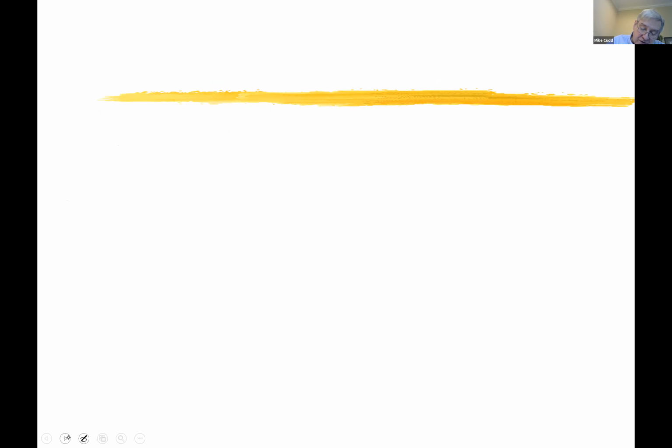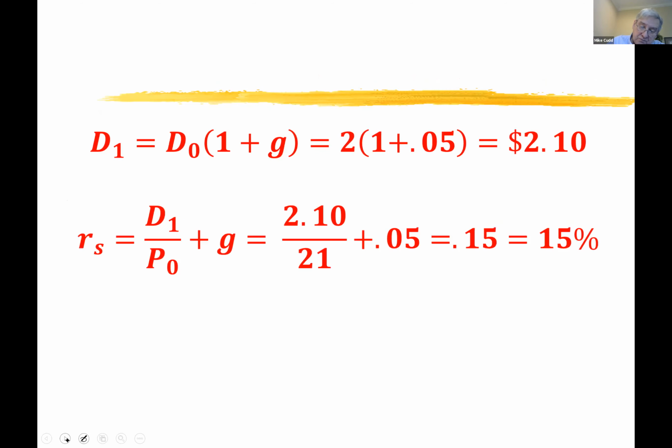If we applied the dividend model to Ultra, notice since this is the dividend for the year just ended, to get the dividend for the coming year, we increase it by the growth rate. So to get a dividend for the coming year of 2.10, and that's what we use in our dividend model.